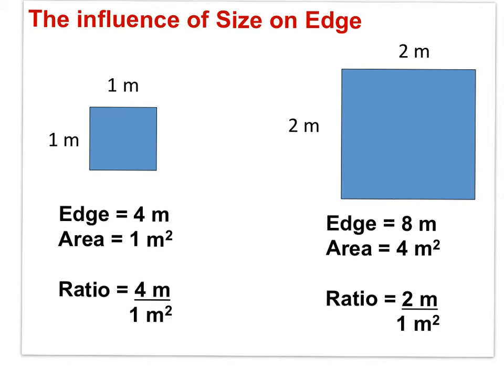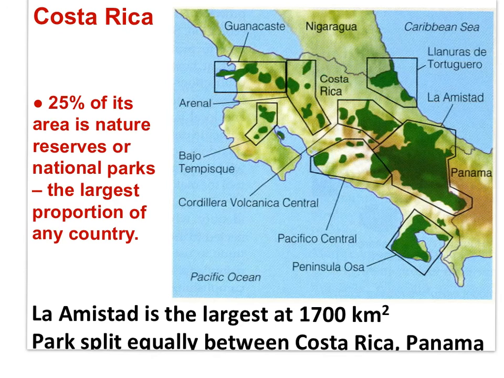Reducing edge increases diversity. Costa Rica has 25% of its area in nature reserves or national parks, the largest proportion of any country. The largest park is La Amistad, which it shares with Panama. Now consider the importance of politics in sustaining a park that spans an international boundary.